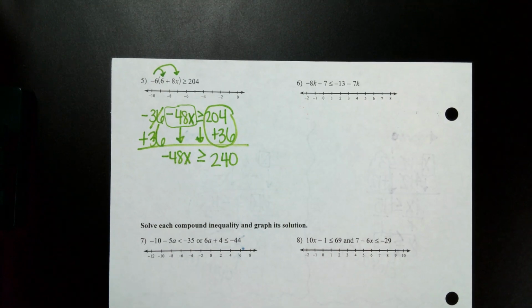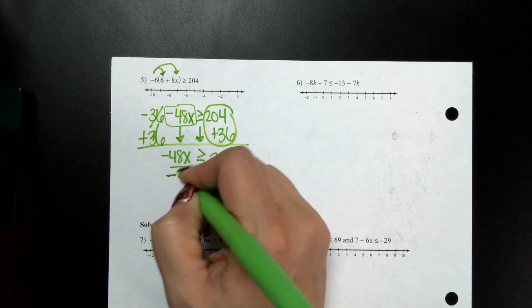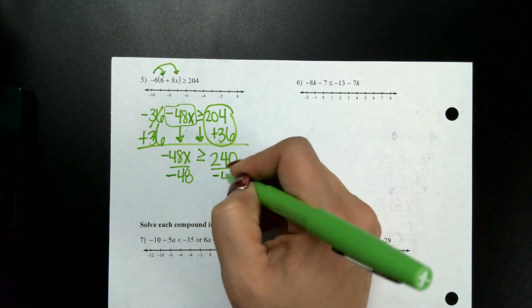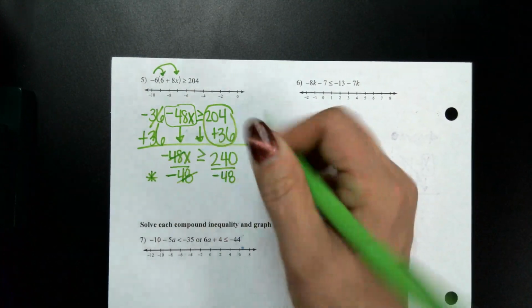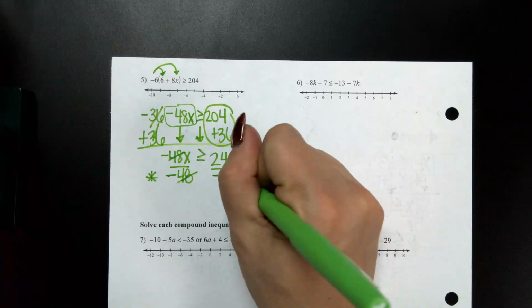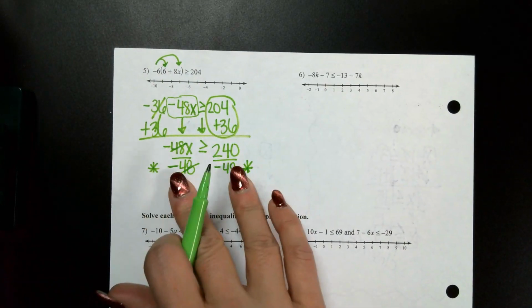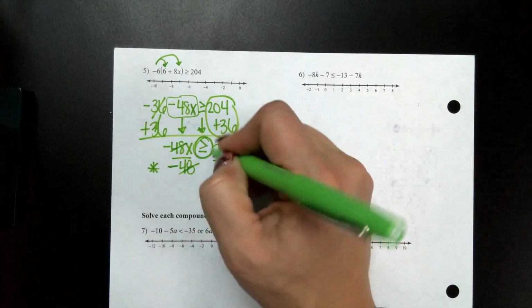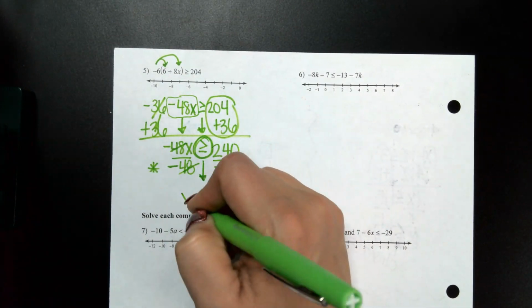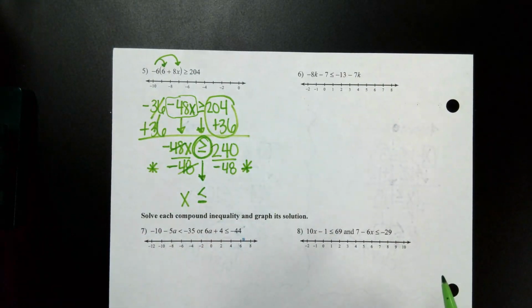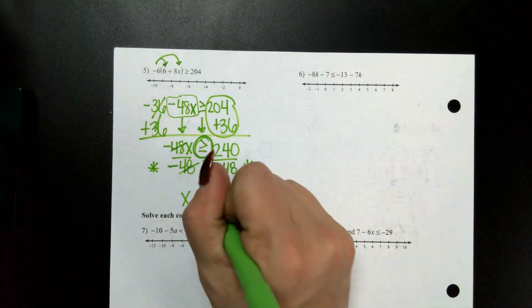Last step. Yep. So there's another time when we're dividing by a negative. So this needs to flip. Negative 5.